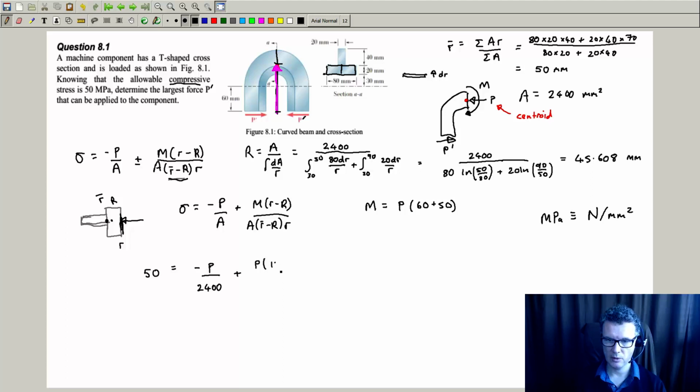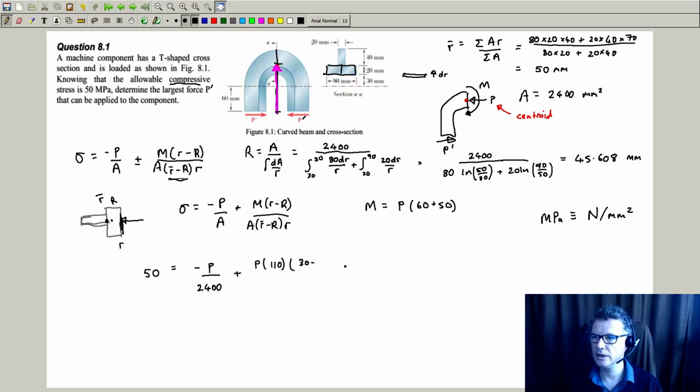P times 110 times R. Little r is, we're expecting that to be on the inner side, so that's 30.